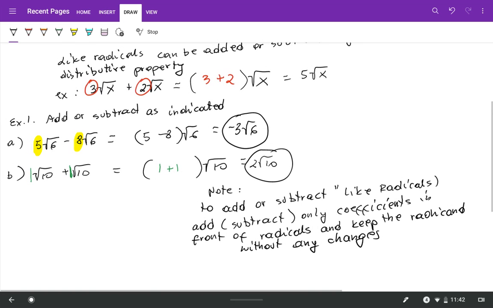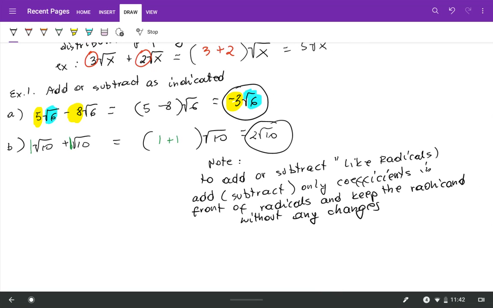Like we did in example A, we subtracted the coefficients only, which gave us negative 3, and we kept the radicand. You don't change that, it's still square root of 6.